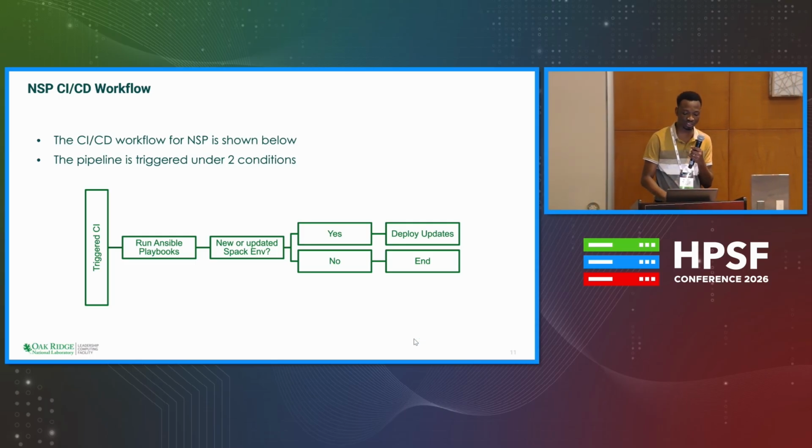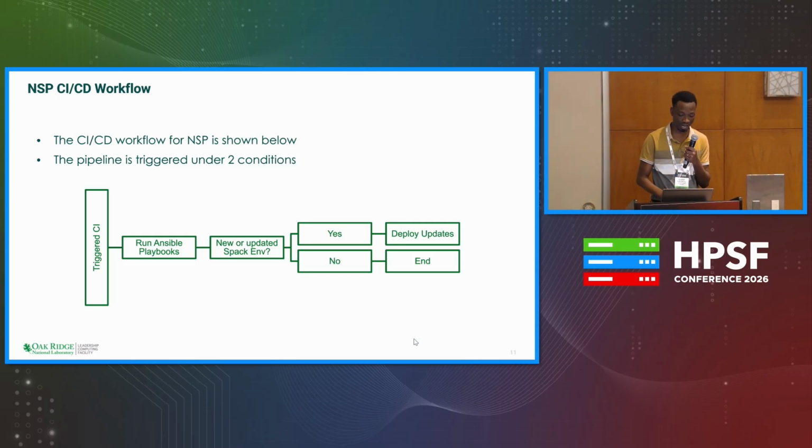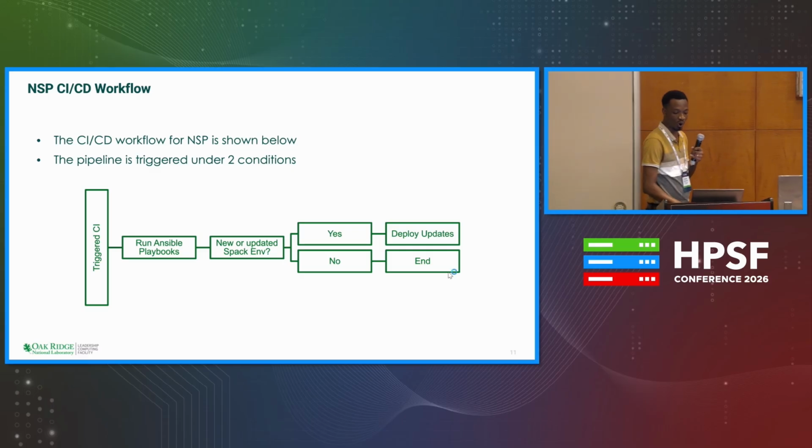When there are updates or new environments, then after the Ansible playbook is run, at the build stage we have Spack install those packages. When there are no new environments or no updates, then our pipeline will just terminate gracefully at that point.